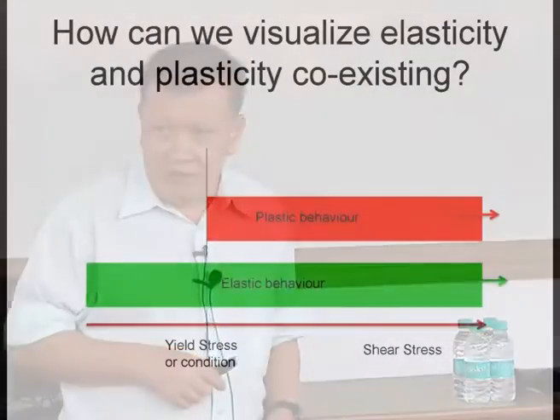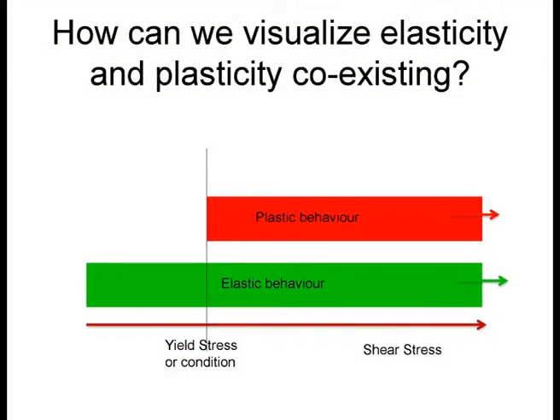Is that alright? So basically, in a truly fully elastic situation, until the yield stress or yield condition is reached, you only have this green band, which is the elastic behavior. The moment you pass this yield condition or yield stress, then both the red band signifying plastic behavior and the green band signifying elastic behavior will be there at the same time.